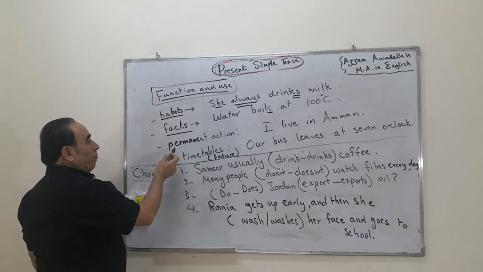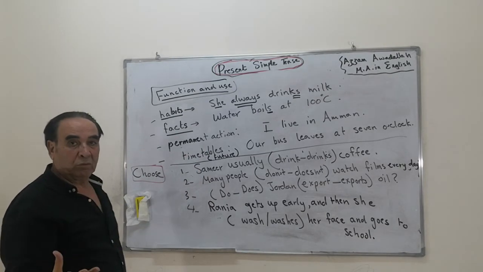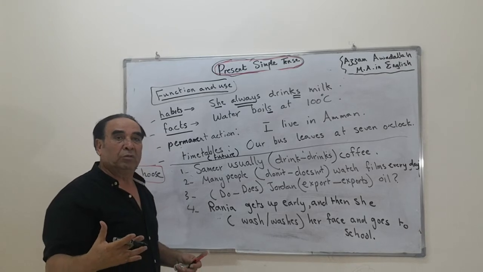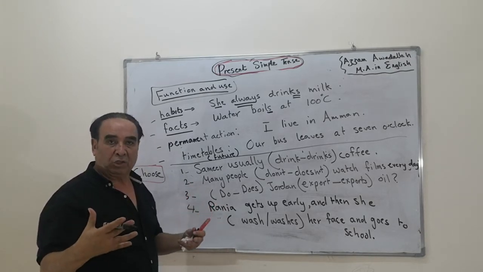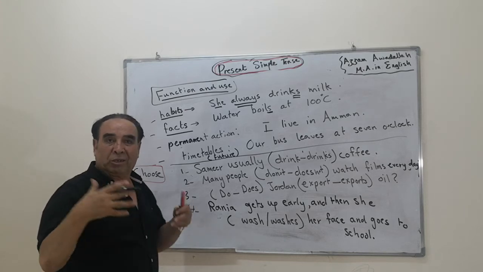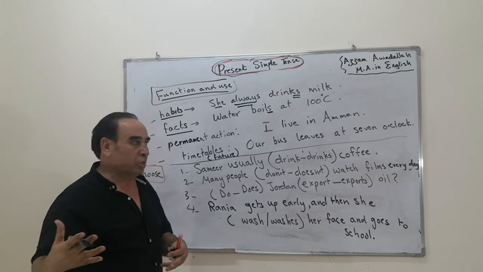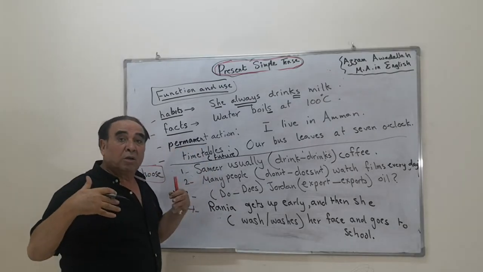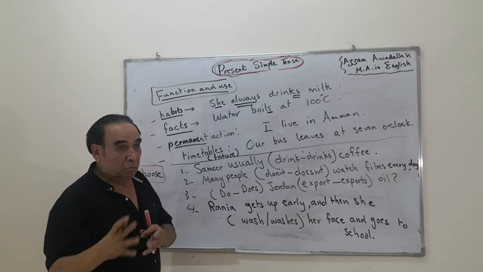What about this one? Permanent action or permanent situation, when you want to talk about yourself. For example, I live in Amman. I teach English. I like sports. I like reading stories. All these we call permanent. Something that goes on for a long time, not temporary.